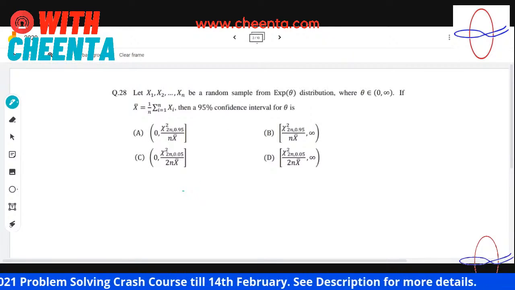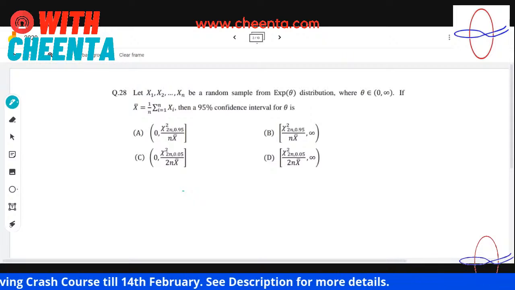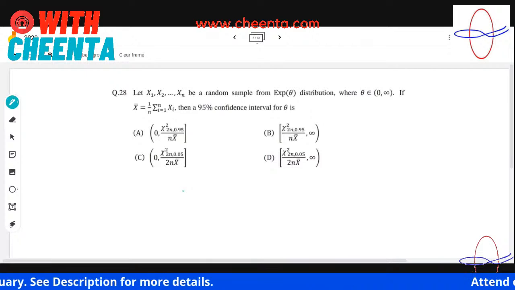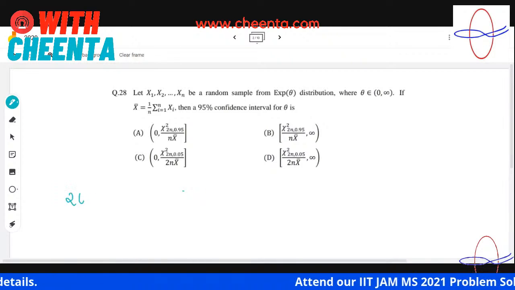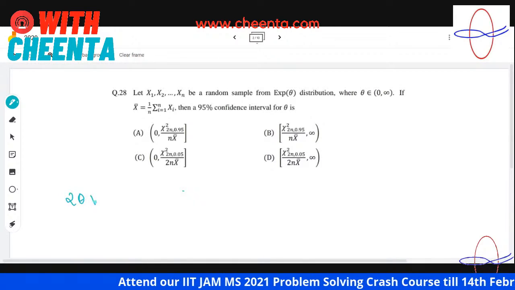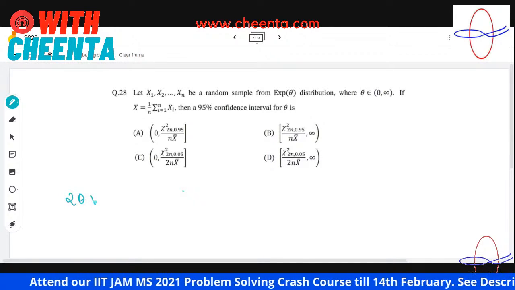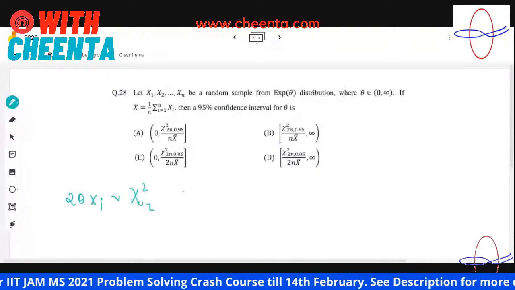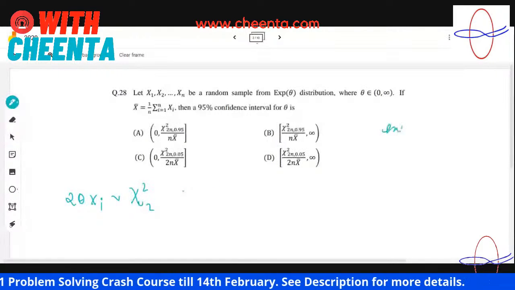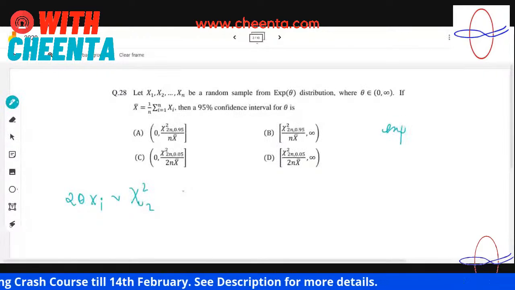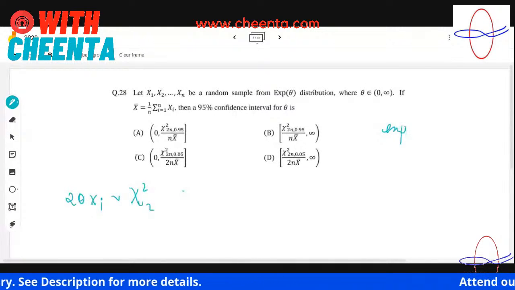Ah, perfect. 2 theta x1 follows chi square 2. Perfect. So someone said 2 theta x1 follows chi square 2. Why is that true? You have to understand the relationship of the exponential with gamma and chi square. How it's related, you have to understand this very thoroughly.